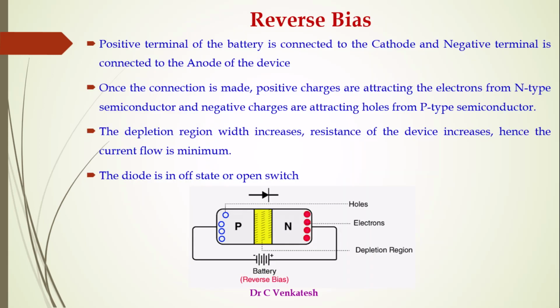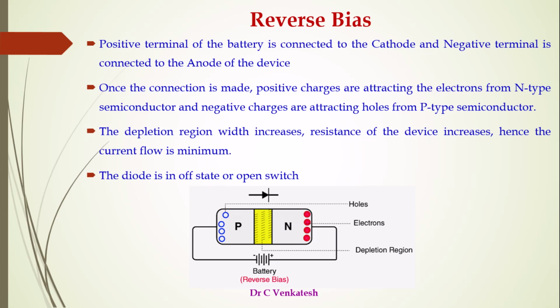Now we are going to see reverse bias. Reverse bias means the positive terminal of the battery is connected to the cathode and negative terminal is connected to the anode of the device. Once the connection is made, positive charges are attracting the electrons from the N-type and the negative charges are attracting the holes from P-type.